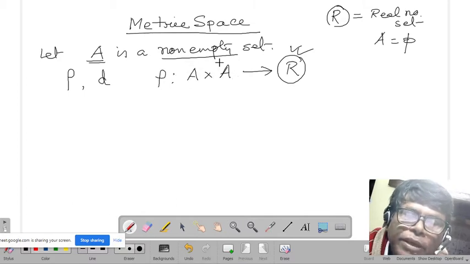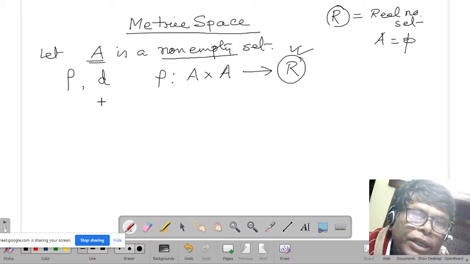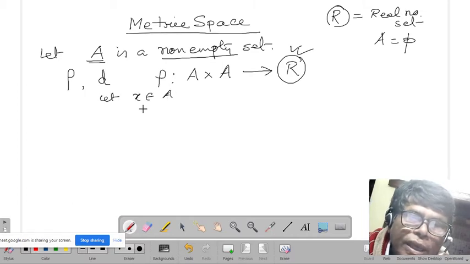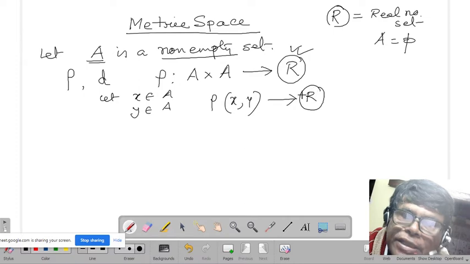So this is a mapping, and there are two elements, one element from A, another element from the same set A. So let x belong to A and y belong to A. So we shall write it rho of x, y, and this is called the Cartesian product, you know it, and this will represent some number in the real number set.